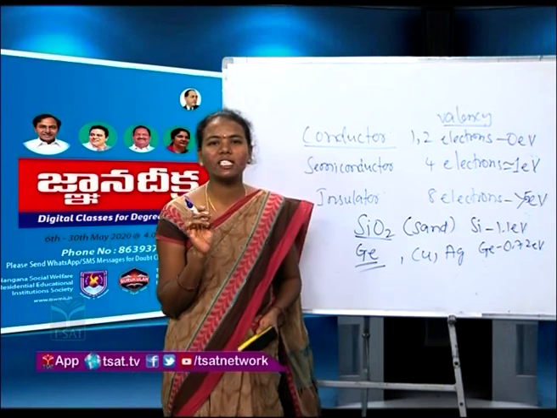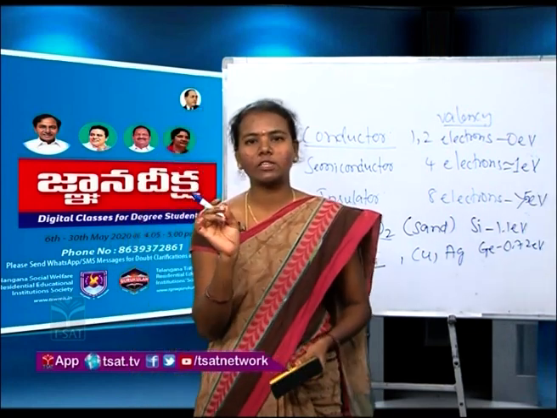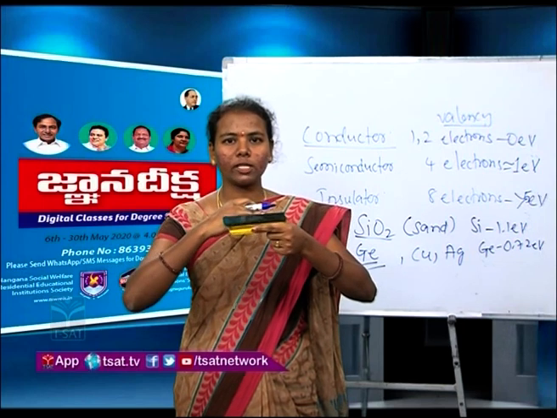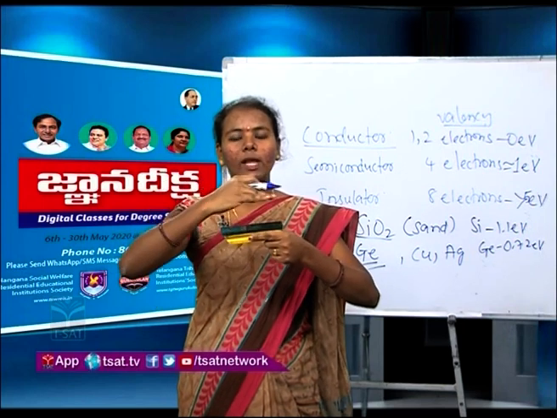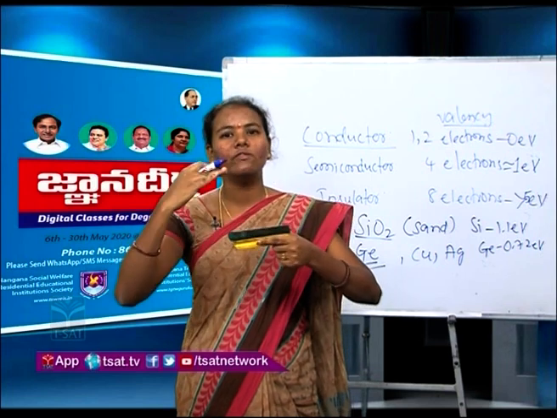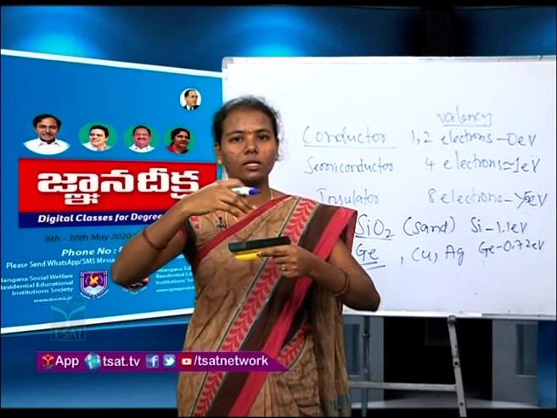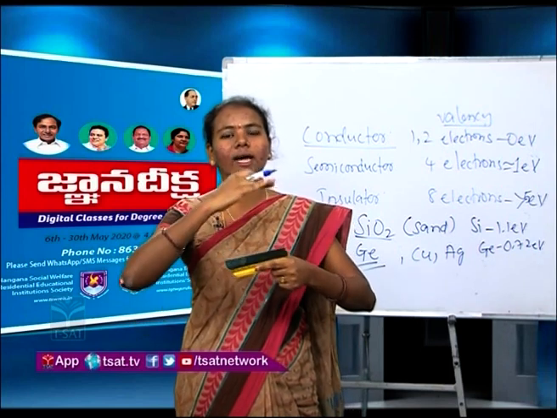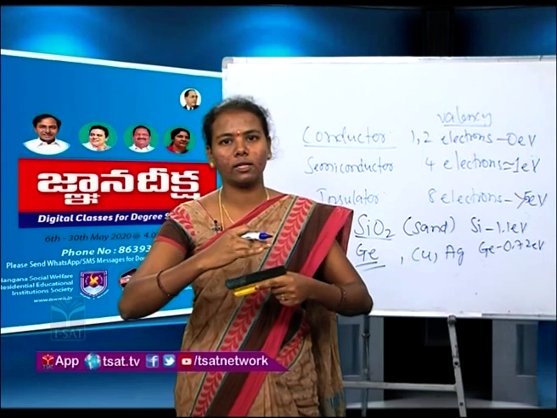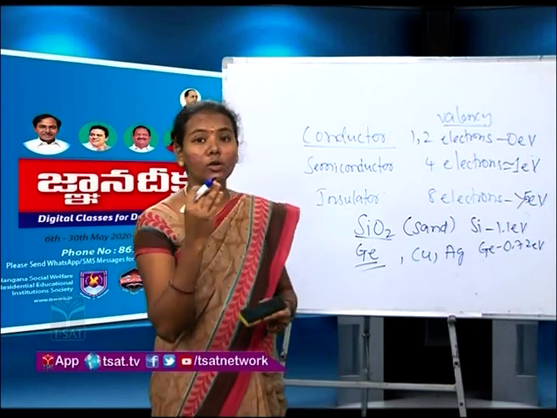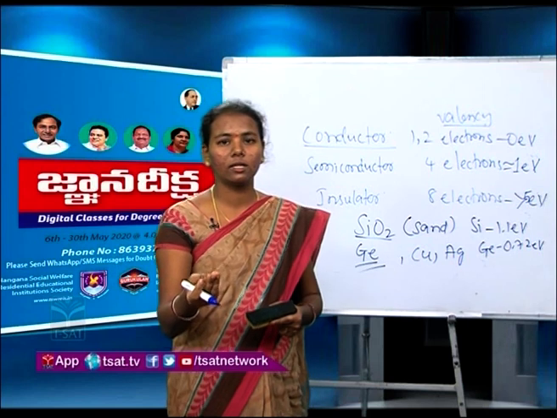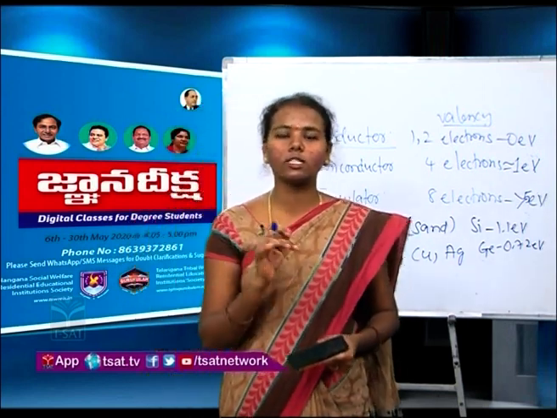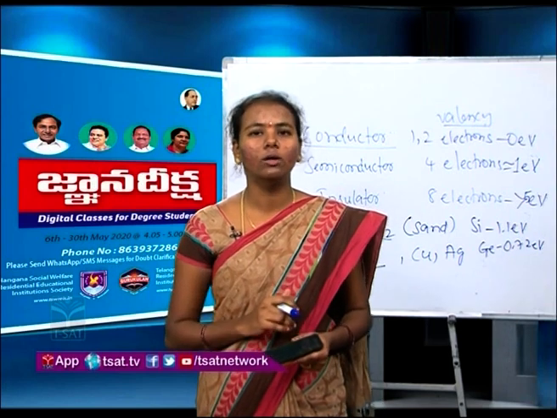In IC fabrication, a silicon crystal will be there, and above that you place a silicon dioxide layer, which does not allow any other materials to interact with the silicon crystal. So silicon dioxide acts as a perfect insulator, and the ease of forming oxides also makes silicon more useful.